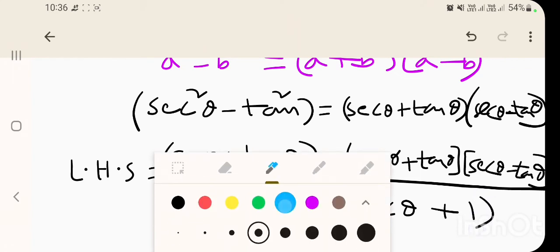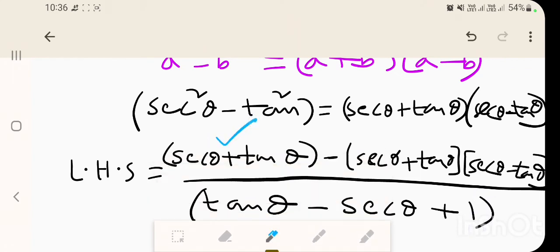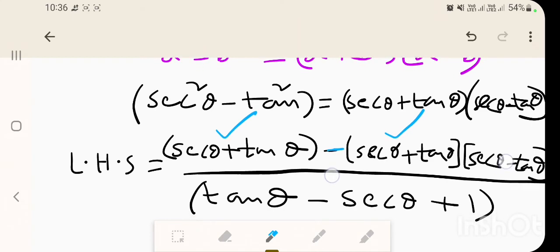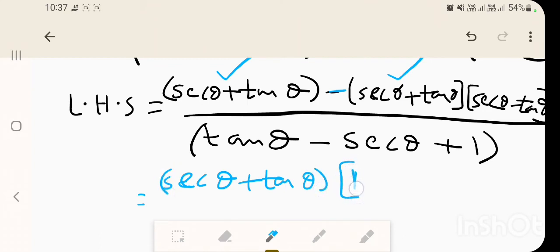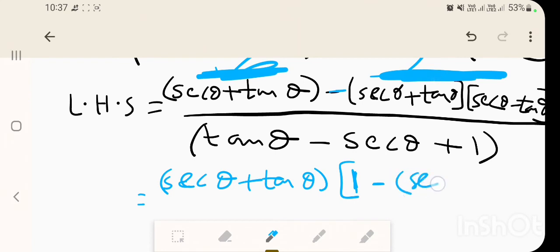Now if you observe the numerator, secant theta plus tan theta is the first term. After the minus we have again secant theta plus tan theta into secant theta minus tan theta. So from both the terms we can take secant theta plus tan theta common. We are left with 1 in the first term, and in the second term we have secant theta minus tan theta.